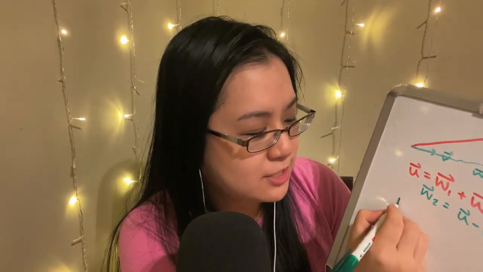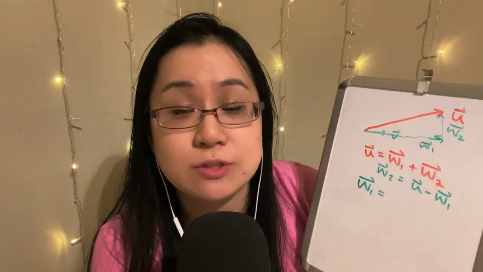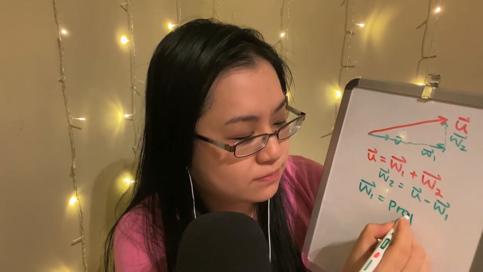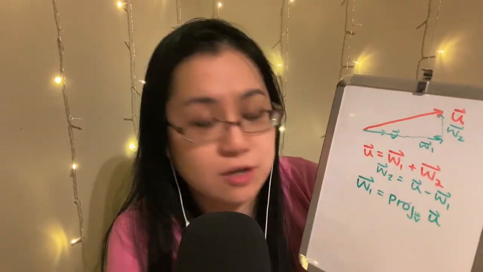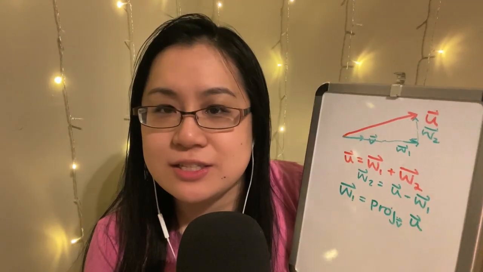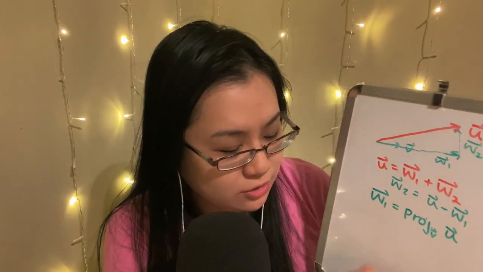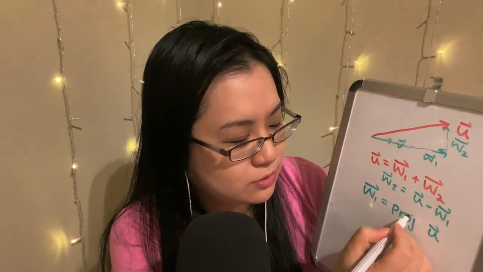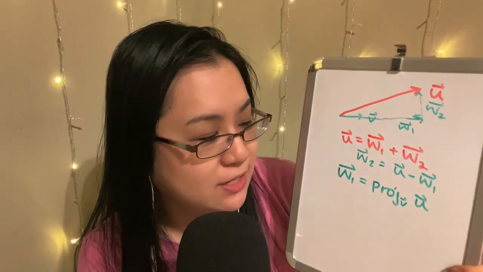It depends on the direction of U. So W1, again, is the component that is parallel to the vector V, and that's what we call the projection of U onto V. It's kind of like looking at the shadow of something, isn't it? What piece of it do we see onto this plane? So projecting U, it's P-R-O-J, projection of U onto V. So I have a little subscript V like that, okay?